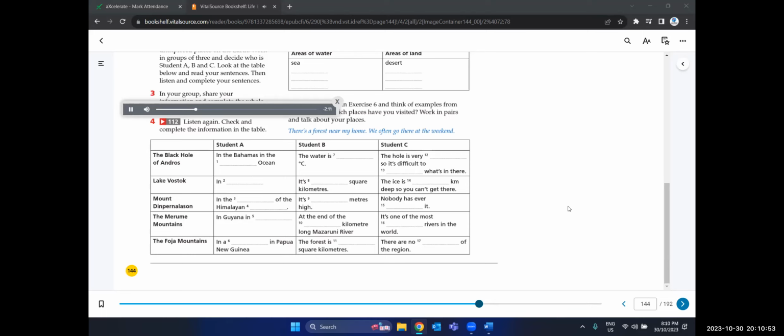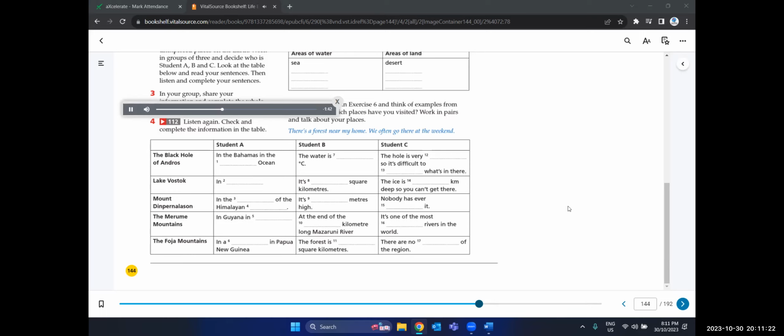First of all, there are 2 lakes. The Black Hole of Andros is in the Bahamas in the Atlantic Ocean. The water temperature is 36 degrees Celsius, and it is very dark, so it's difficult to see what's in there. And my second lake is Lake Vostok in Antarctica.